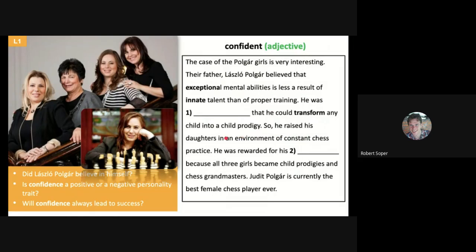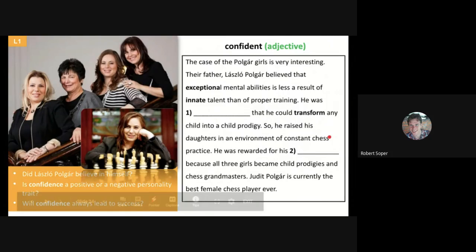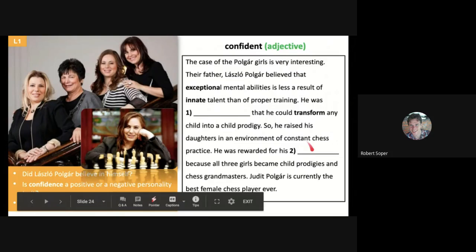So he raised his daughters in an environment of constant chess practice. He was rewarded for his confidence because all three girls became child prodigies and chess grandmasters. Okay, so the correct word we're looking for here is confidence. That's the noun form of confident. How do we know it was a noun here?